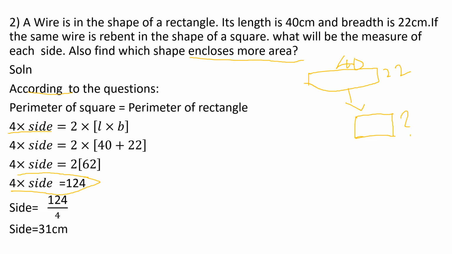So what you will do? Side equal to, bring this 4 to the right hand side, so it comes in the denominator, reciprocal method. Side is equal to 124 divided by 4. Now 124 divided by 4, cancel it and check whether you are getting the answer 31 centimeter. I'll give you 1 minute. Divide and check whether you are getting 31 centimeter.